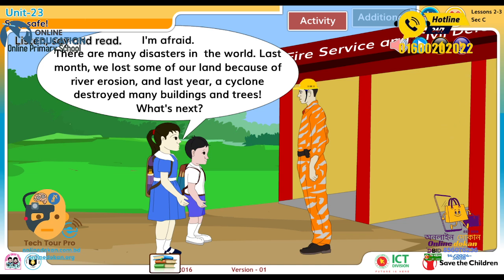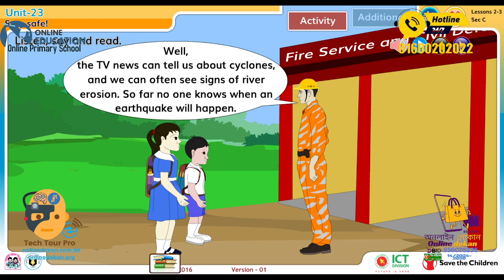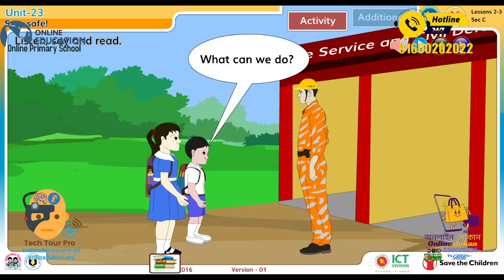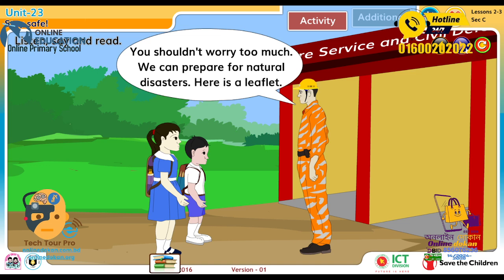What's next? Well, the TV news can tell us about cyclones, and we can often see signs of river erosion. So far, no one knows when an earthquake will happen. What can we do? You shouldn't worry too much. We can prepare for natural disaster. Here is a leaflet.